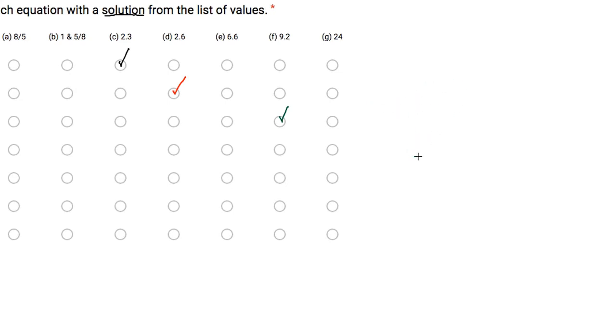So now for D, what we have here is D minus 2 equals 4.6. For our diagram here, we have D, which is our total, and we're subtracting 2.